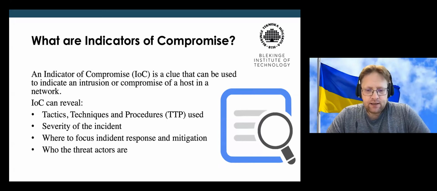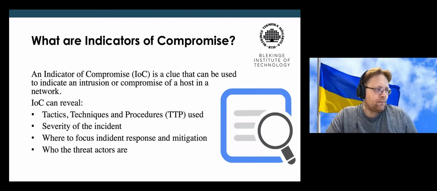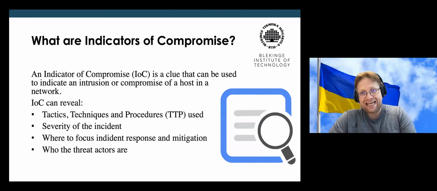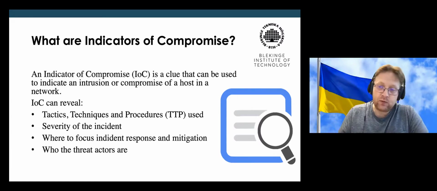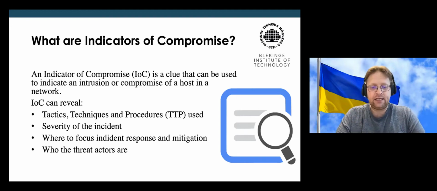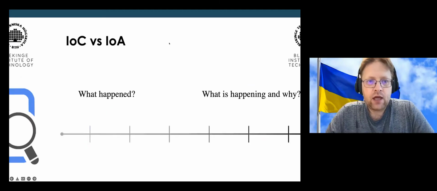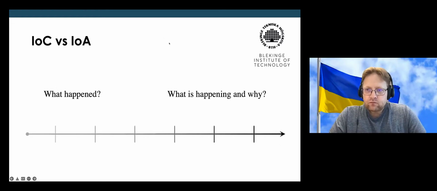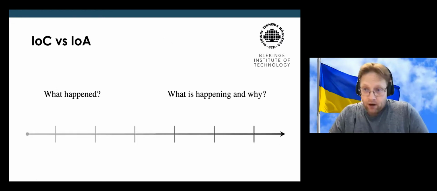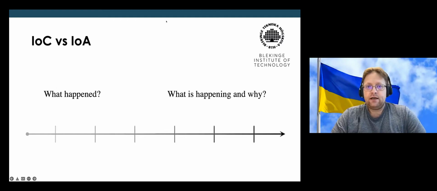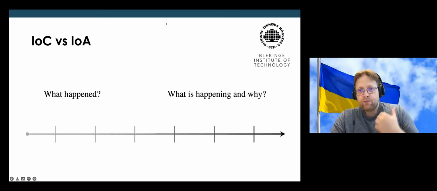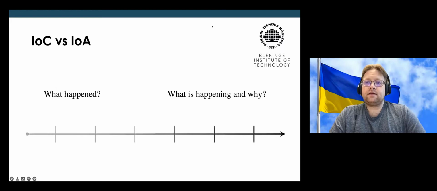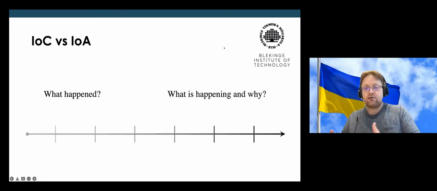But interesting thing that besides the indicator of compromise, we have new definition, indicator of attack. What does it mean, and what's the difference between indicators of compromise and indicator of attack? Frankly speaking, they are very similar, but indicator of compromise gives us retrospective view.